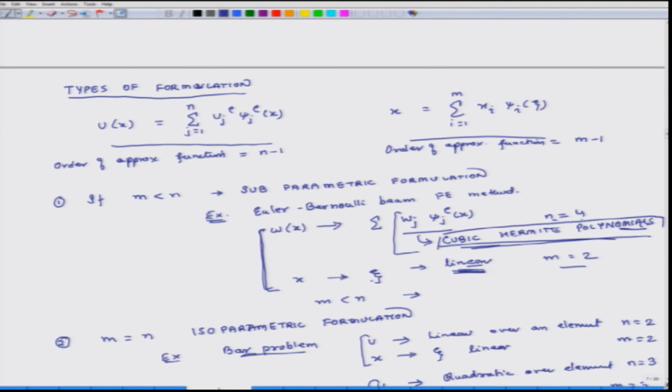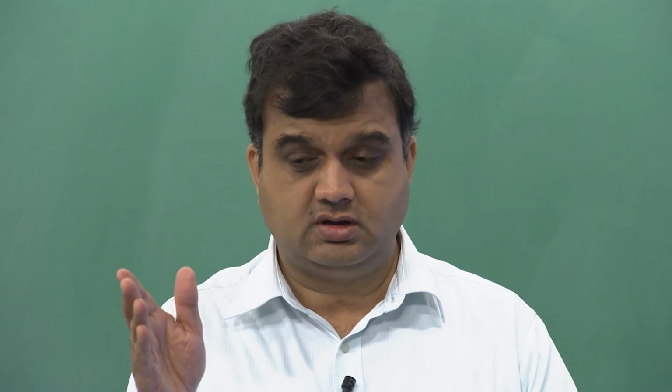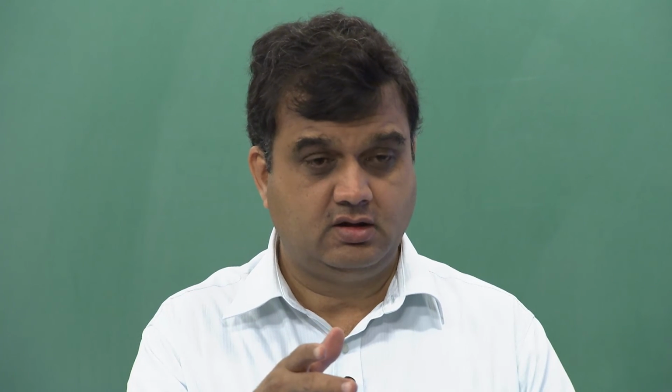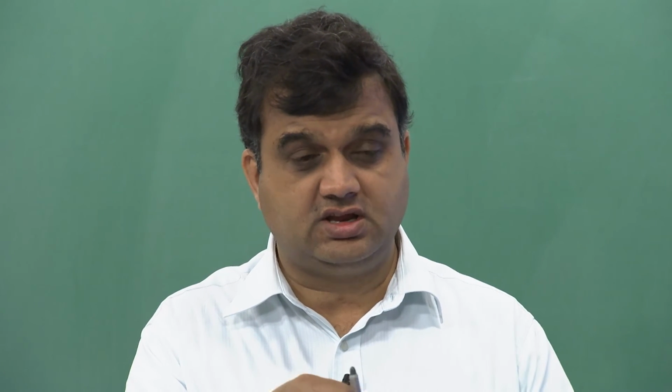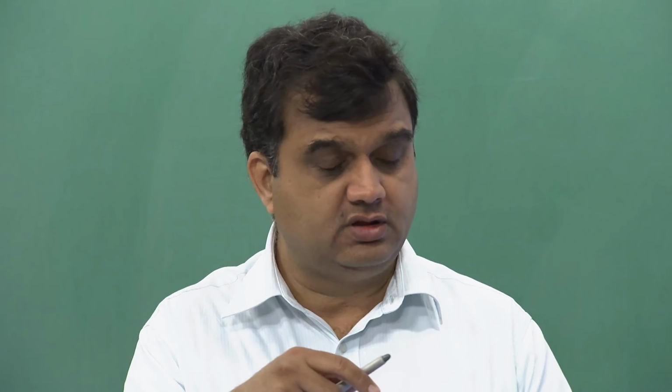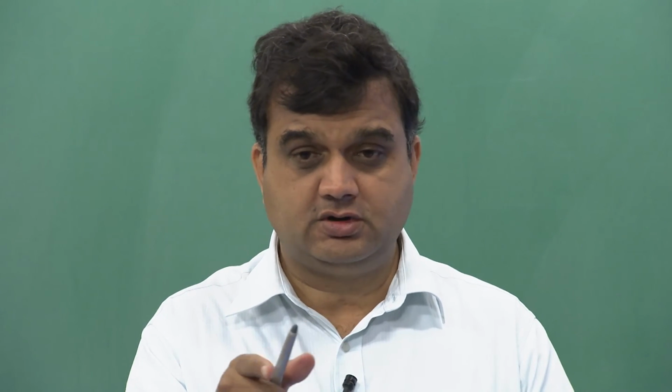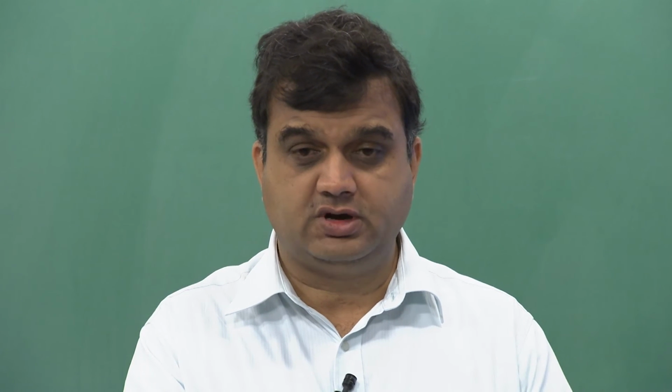So, the requirement from the mathematics side was that we have to go for cubic functions for W, because we have to make sure that for the beam there are two boundary conditions at each edge. One is W and also the slope, and associated with these boundary conditions at each end, W is associated with force, since force times W will be work, and slope will be associated with moment.